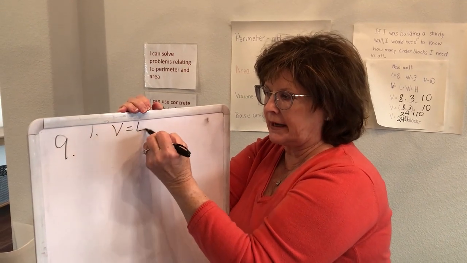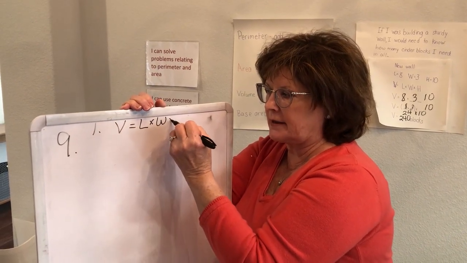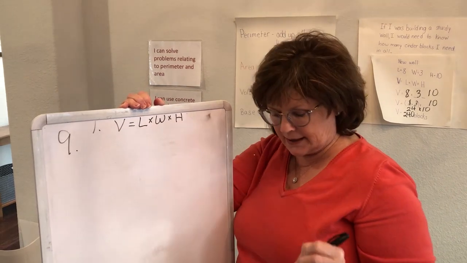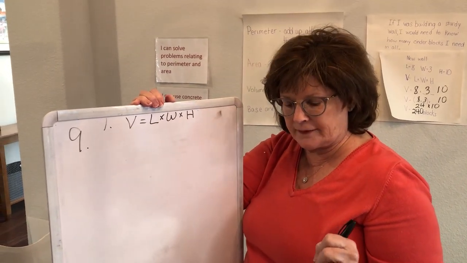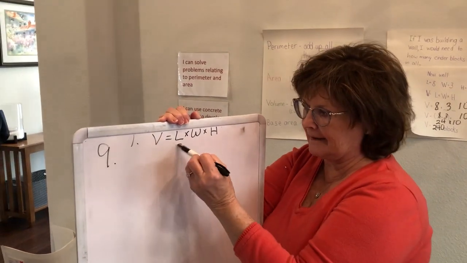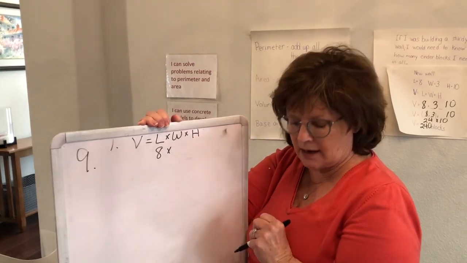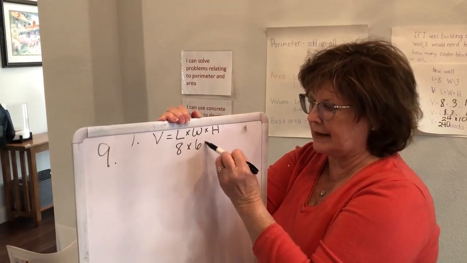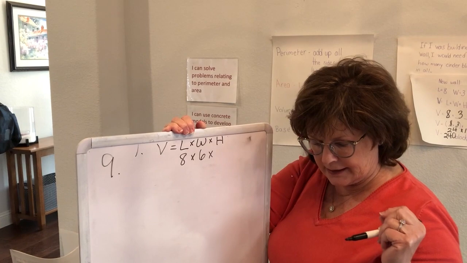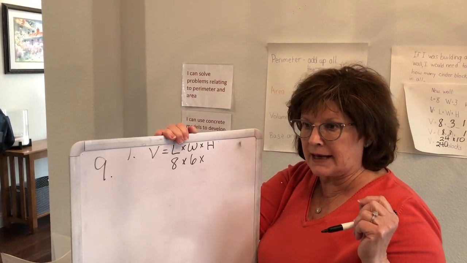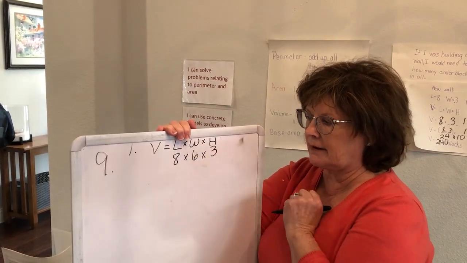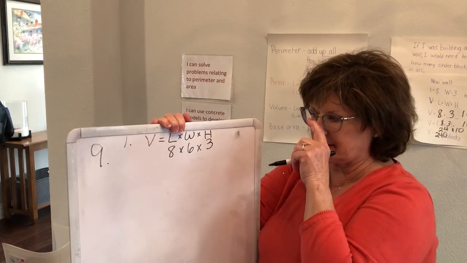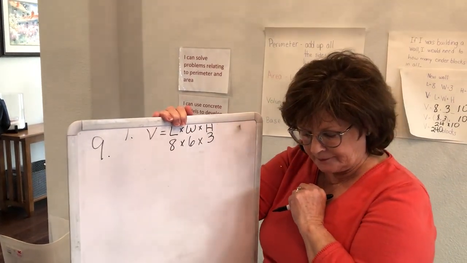Volume equals length times width times height. What is the length? Josephina, good, 8. And the width, Sarah, 6. And the height is Alexis, 3. Very good. So we need to solve 8 times 6 times 3.